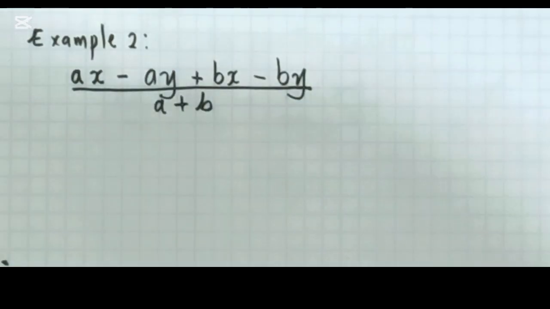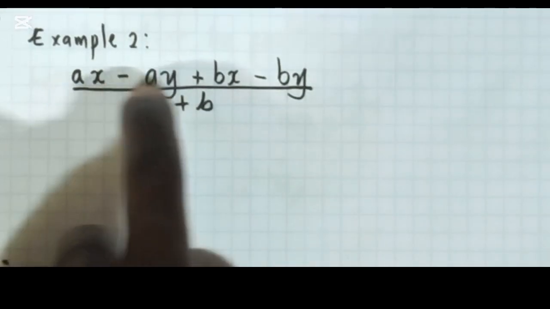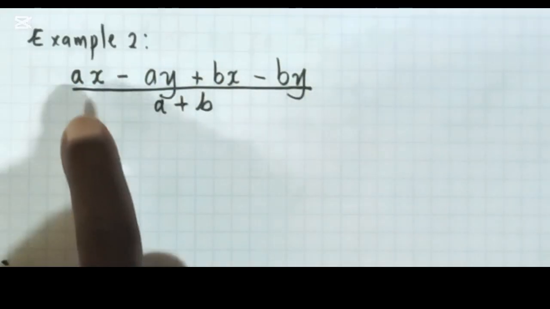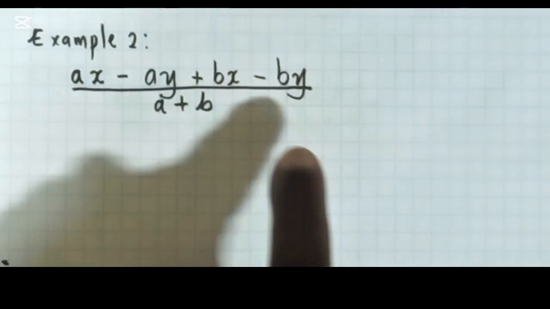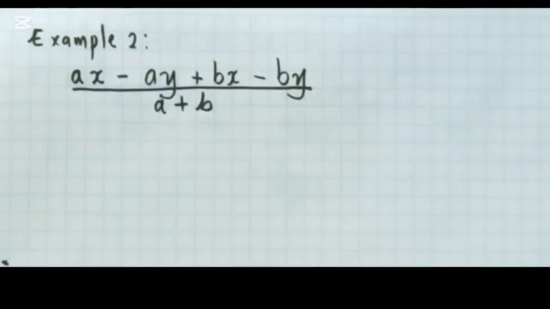Awesome. So for example 2, we are having the same problem. Basically, we're supposed to simplify by factorization ax minus ay plus bx minus by all over a plus b. So I want you to note that when you look across our numerator, we don't have any common factor.